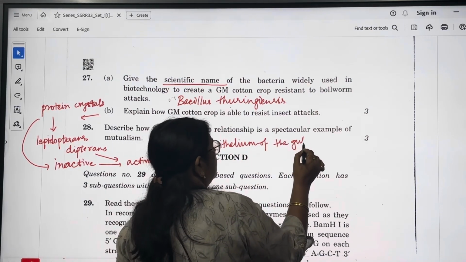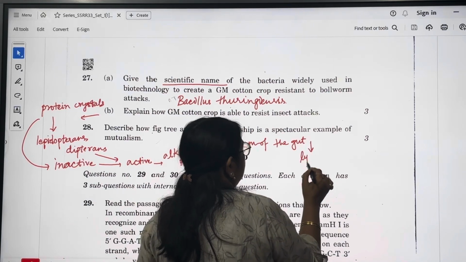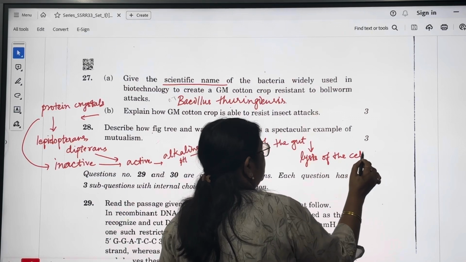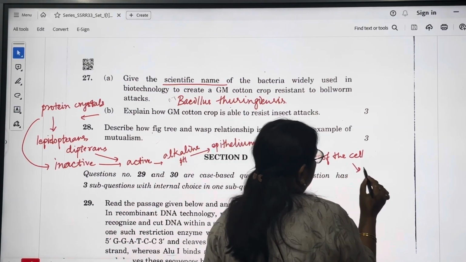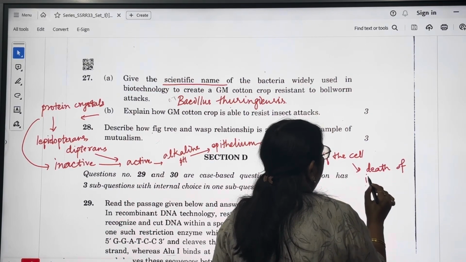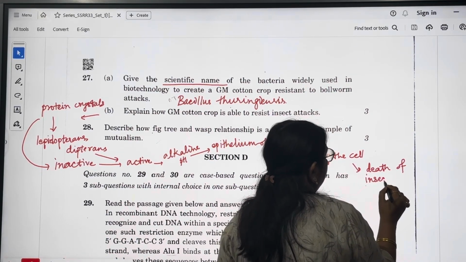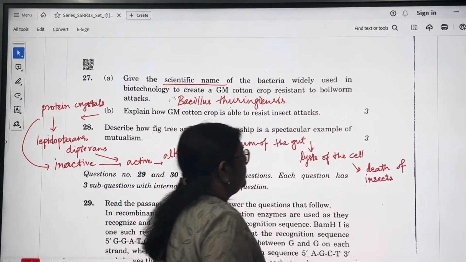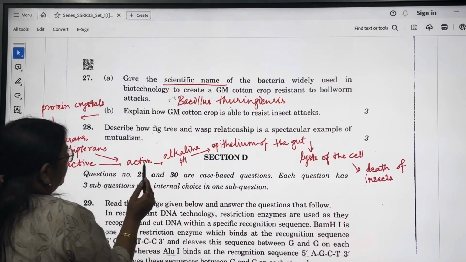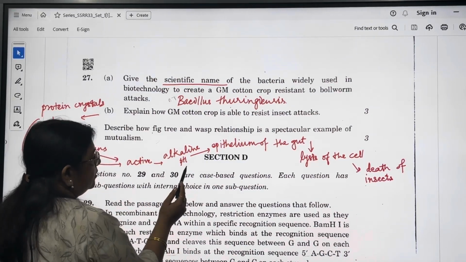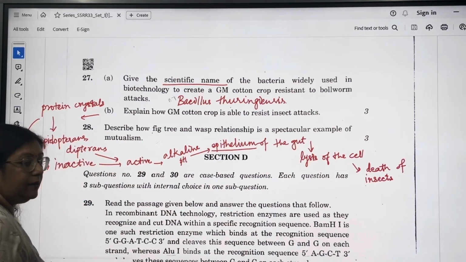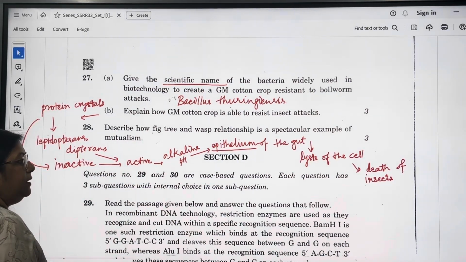Then what happens? Lysis of the cell, which further causes death of the insect. So in 2.5 marks you are supposed to write this much: protein crystal, lepidopteran, dipteran, inactive becoming active in the alkaline pH of the gut, causing harm to the epithelium of the gut. Then lysis of the cell takes place and death of the insect.